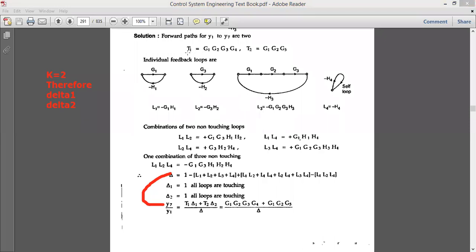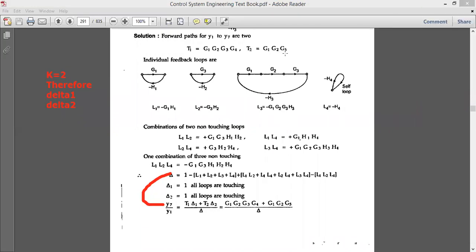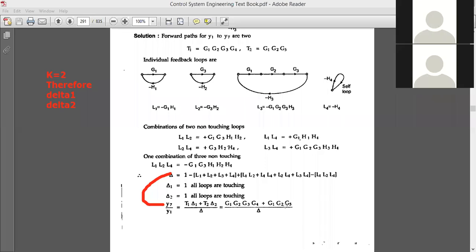You can see here T1 is equal to G1, G2, G3 and G4, multiplied by delta 1. Delta 1 is equal to 1, so this value multiplied by 1 will give the same value. Plus T2. What is T2? G1, G2 and G5. Just keep it as it is.